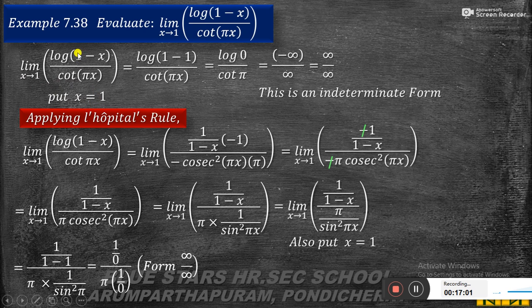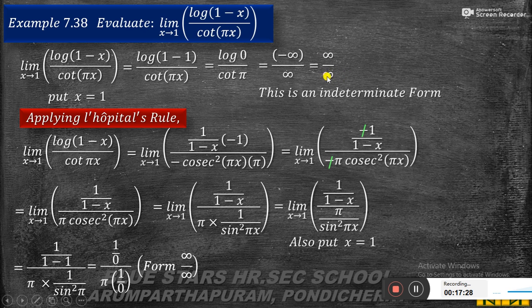So log of 1 minus 1 by cot pi into 1. So log 0 by cot pi. Log 0 is minus infinity, cot pi is infinity. Minus infinity we can also write as plus infinity. So infinity by infinity, again it is an indeterminate form. Indeterminate form means we cannot find the answer for this. So we stop up to this.